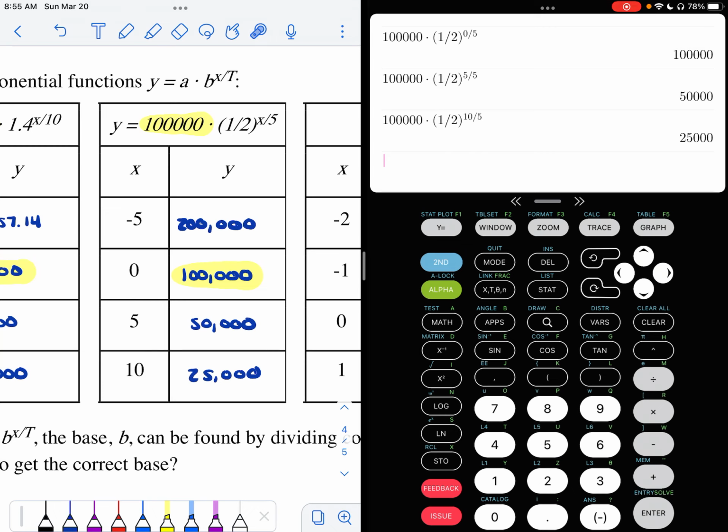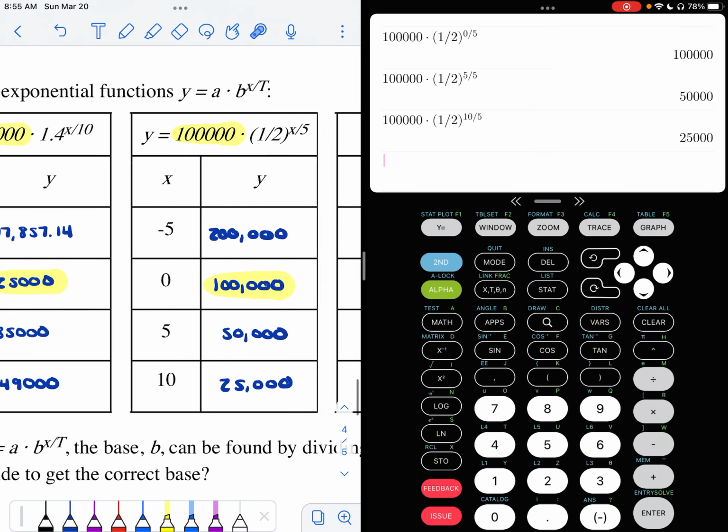So this one you'll notice is decreasing, right? 200,000, 100,000, 50,000, 25,000. That's because this B number is less than 1. So this would actually be a halving example because the B value is a half. It's getting smaller as we increase our x's.